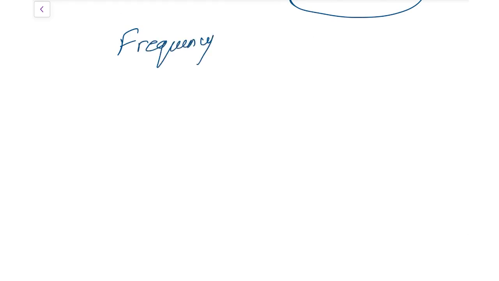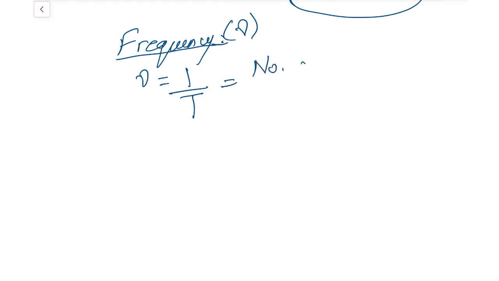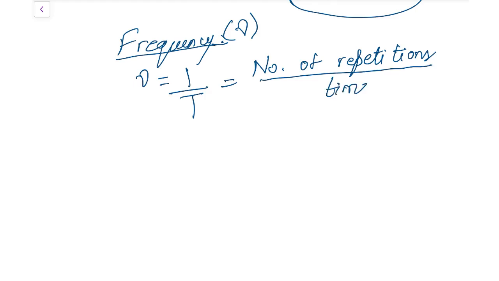Now let's see what is meant by frequency. Frequency is nothing but the reciprocal of time period, and it is denoted by the Greek letter nu. It is the number of repetitions per unit time. What will be the SI unit of frequency?